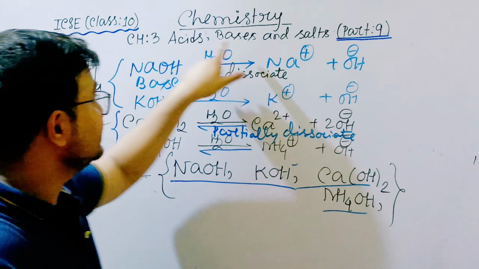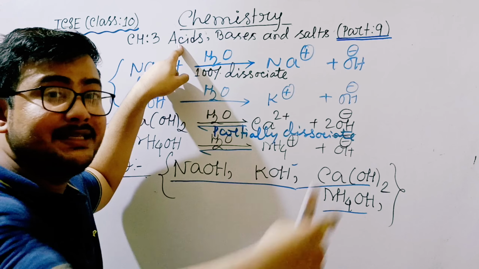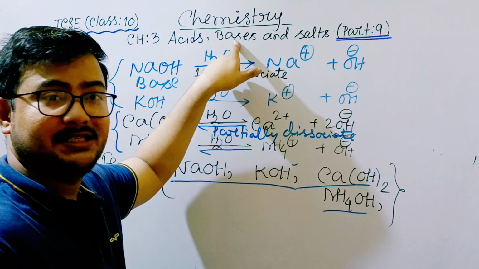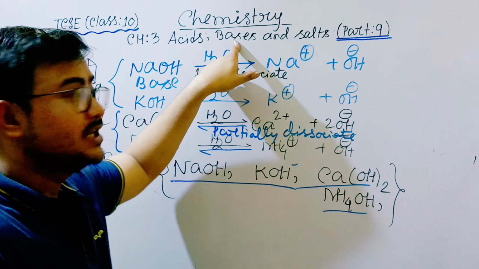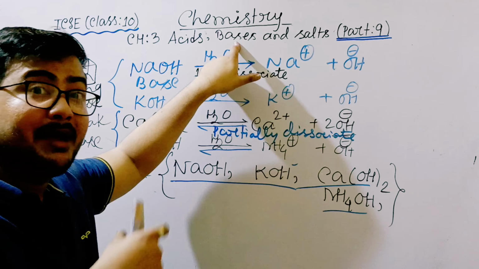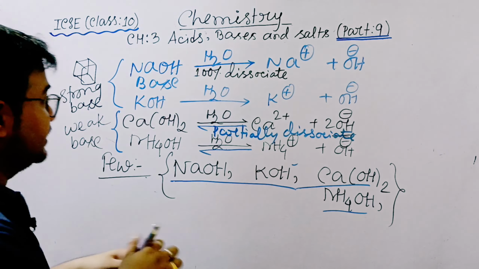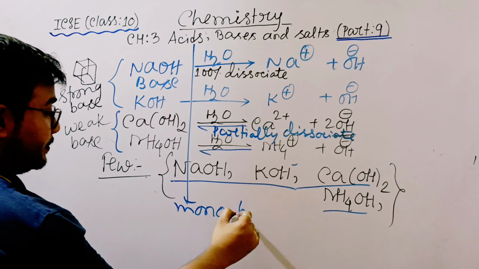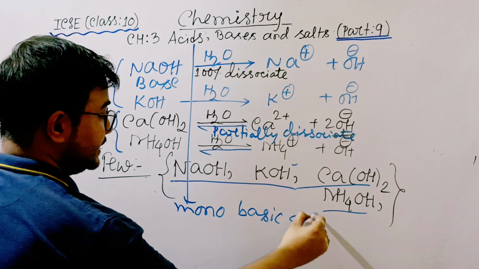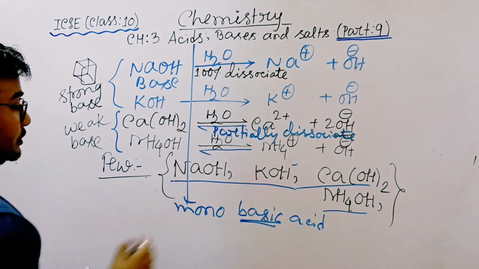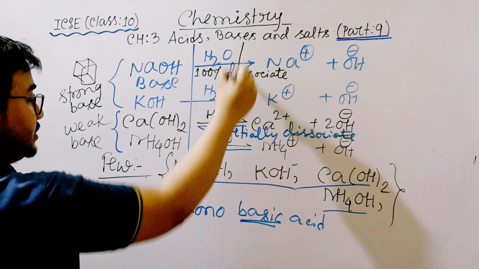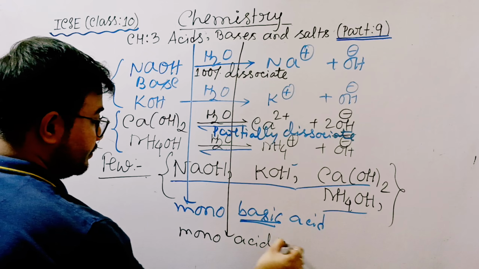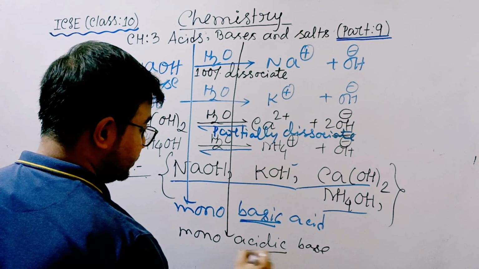Same concept we have here in the case of base. In acid we have monobasic acid, dibasic acid, but in base, monoacidic base, diacidic base. In acid we use the word basic, but in the case of base we use the word acidic.